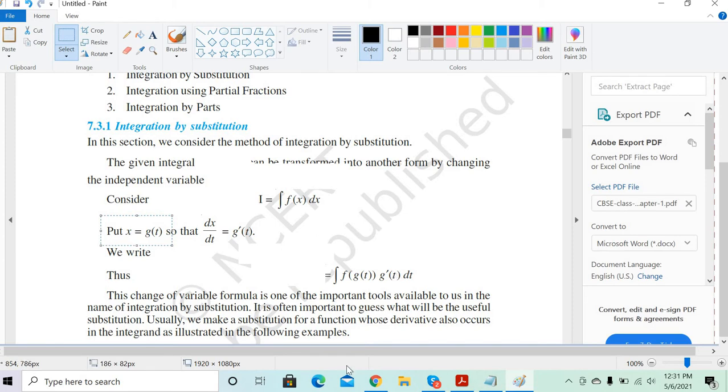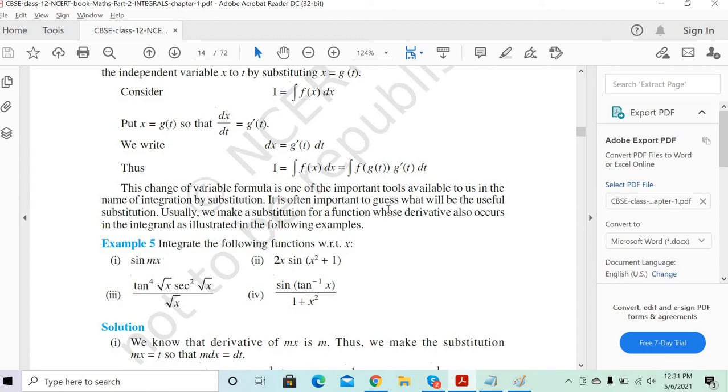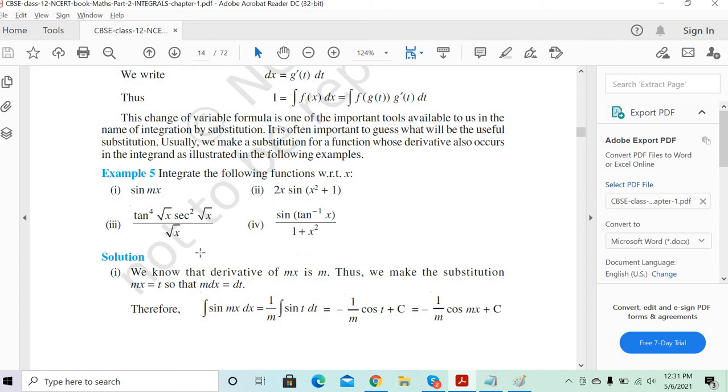Excellent. Now let's go to the next part, Vijay. With the example it will become more clear to you. Let's try to understand this part. Sin mx. I want to do the sin mx. I'll just take this part, the second one, so that it becomes easy for you.